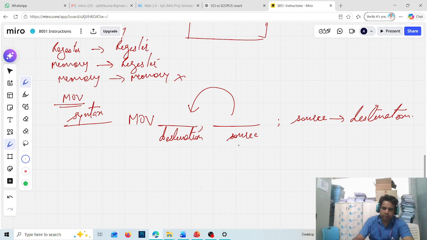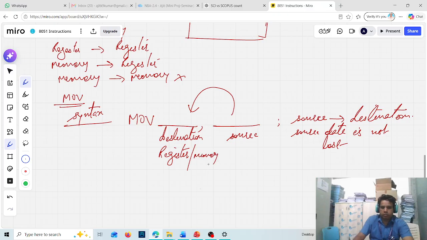The source data is not lost. Here, the destination could be any one of the registers, or it could be a memory location.